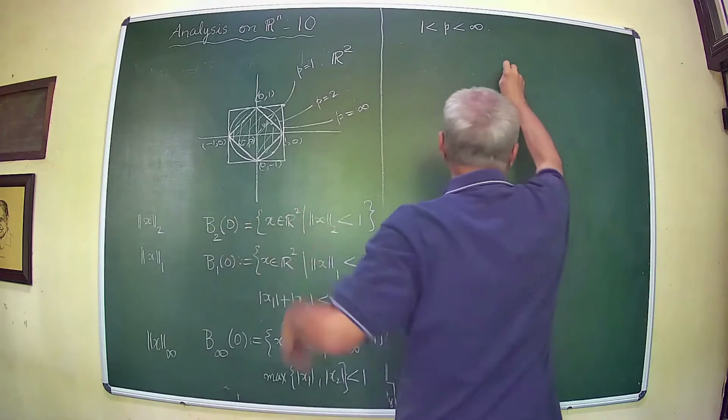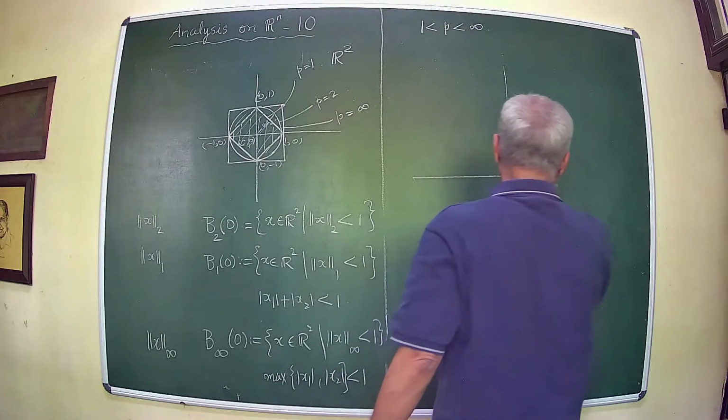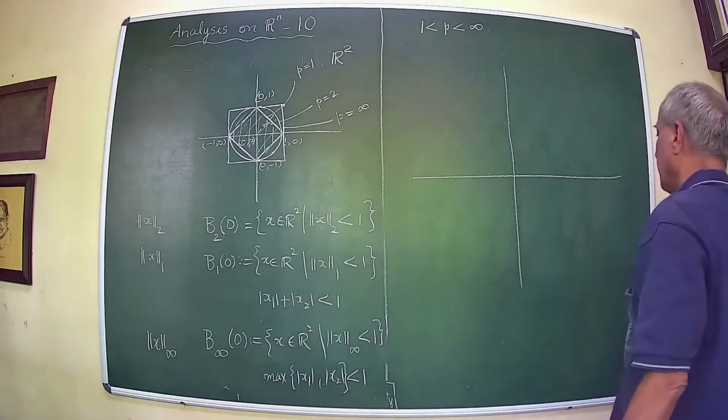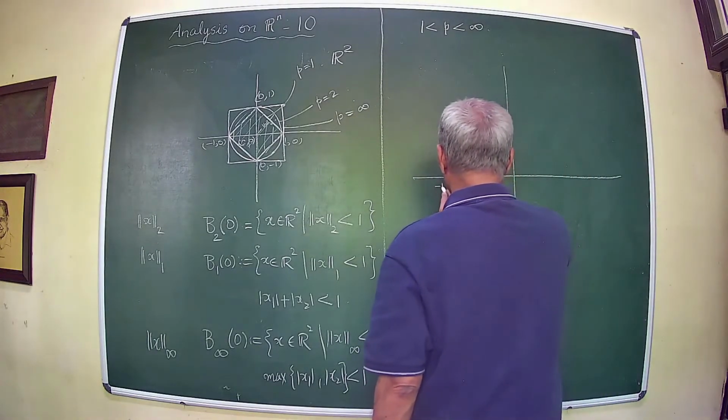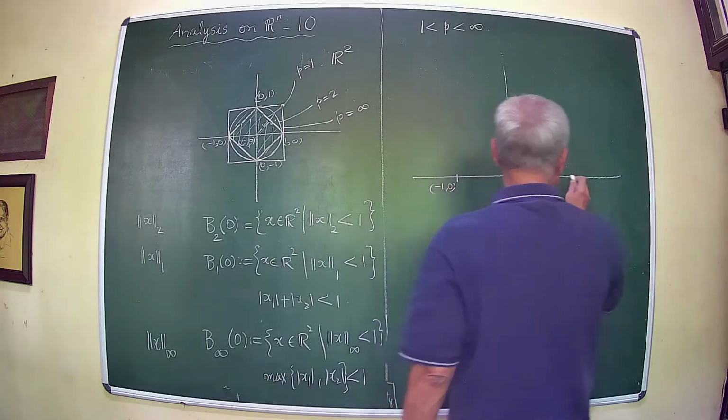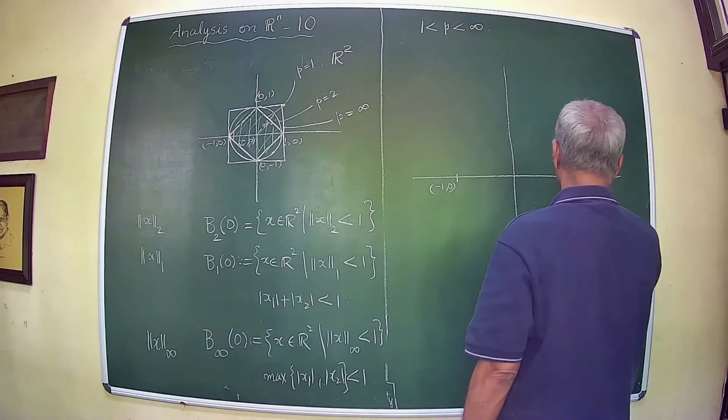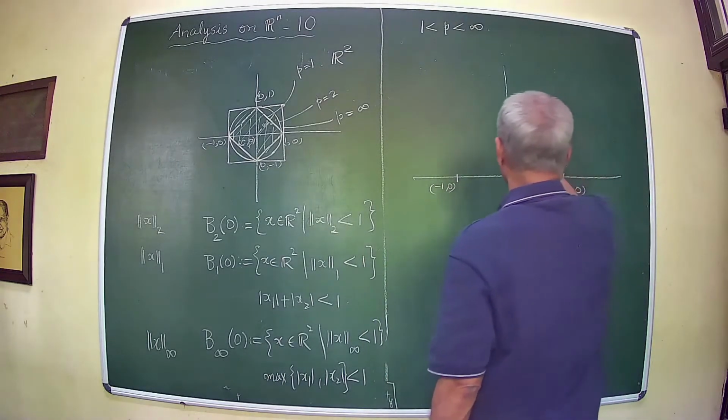Therefore, the shape of the unit circle or the unit disk is going to be this. This is (-1, 0). This is (1, 0).